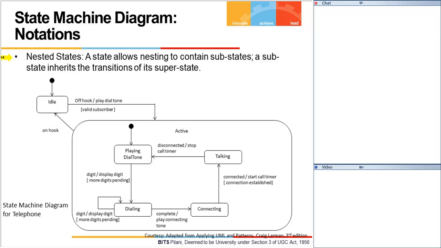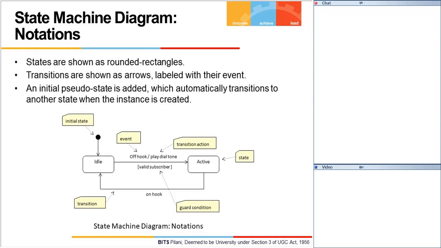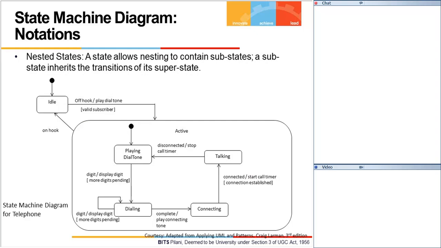And the active state, which was here, I'll just go back to the slide. So this active state has been expanded to depict what are the other states inside this active state, right? So this is called nesting of states, right?